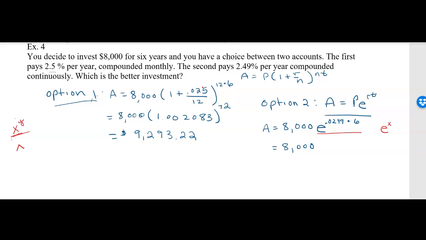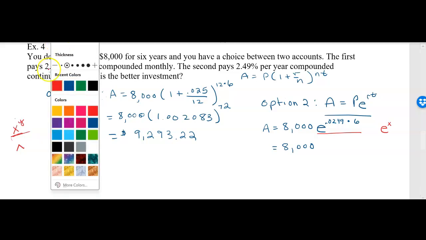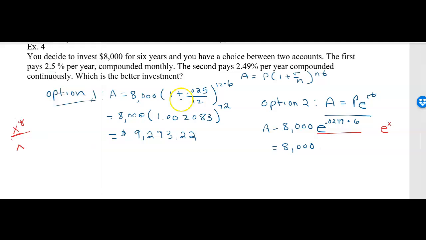You're going to click E, and then your X is the exponent. So E to the 0.0249 times 6. So that's the first thing you're going to do. When you click the E button and you take it to that power, what you should get is something like 1.161137. If you're not seeing that, try this again, but just look for that key on your calculator.